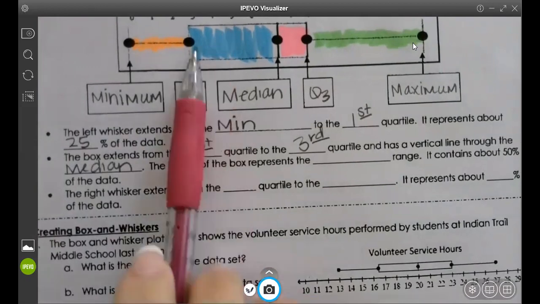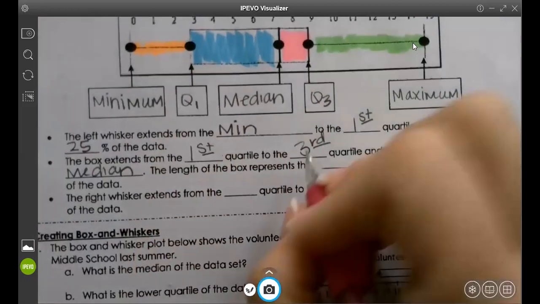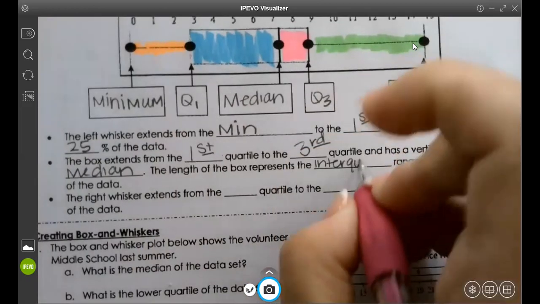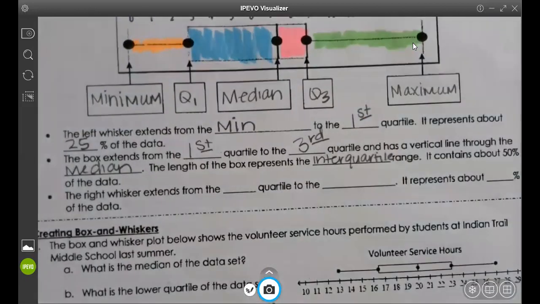That full box, that whole box right there, the length of it represents the interquartile range. That was that big word up there that we defined, Q3 minus Q1. The box contains 2 colors, so 2 times 25 is 50%. So the box contains 50% of the data.